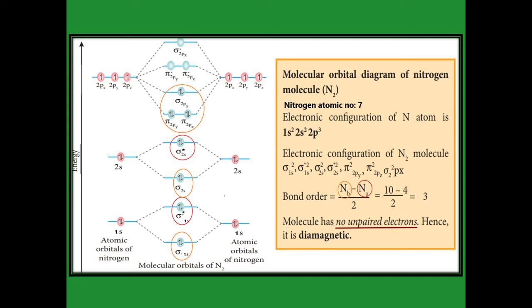In antibonding, sigma star 1s and sigma star 2s, so 4 electrons. So 6 divided by 2 we get 3. So bond order 3 means there is a triple bond between the nitrogen atoms. In this molecular orbital all the electrons are paired, there is no unpaired electron, so it is diamagnetic.